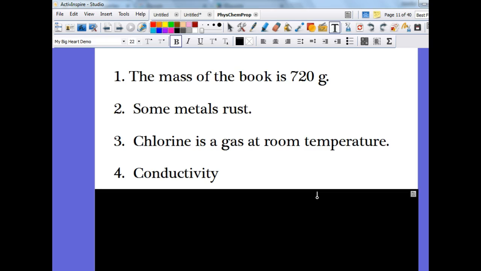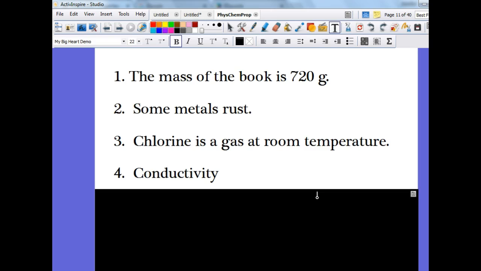Yes, if you want to find out if something's a conductor, just put it in the circuit in place of one of the wires and see if the circuit still works. That'll let you know if energy flows through it well enough to be a conductor. And if you do that, it doesn't really change the matter. It's still made out of the same thing. So conductivity is a physical property. Plus, it's on our physical properties list.